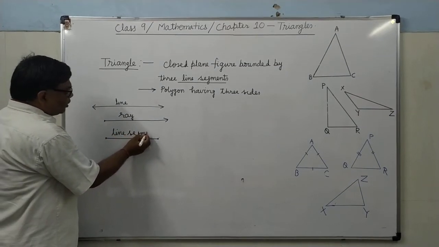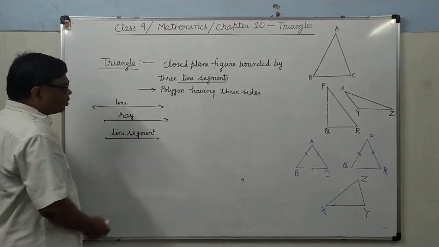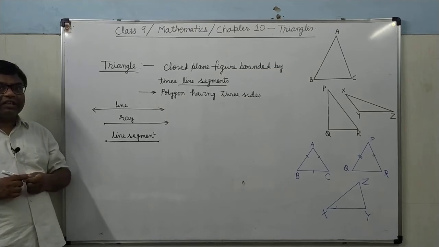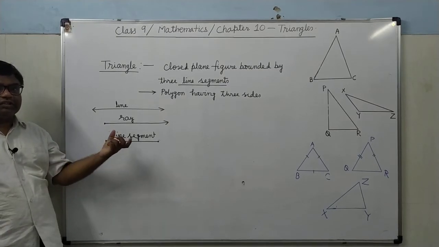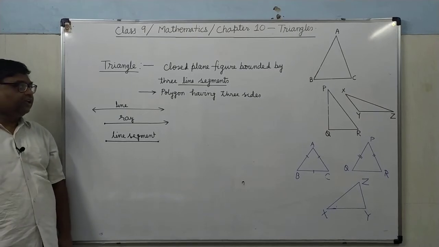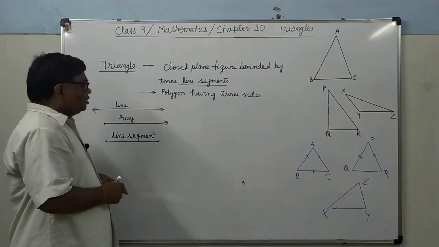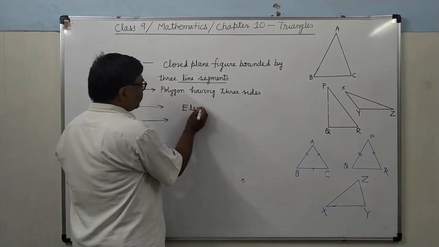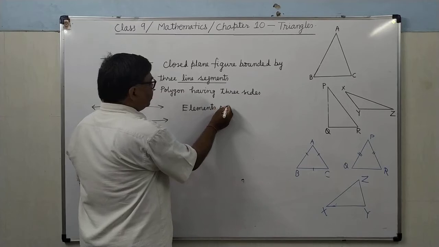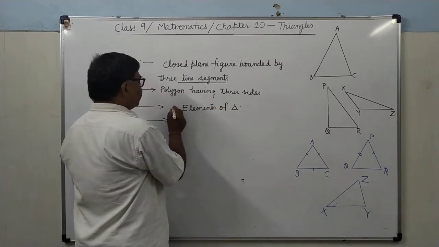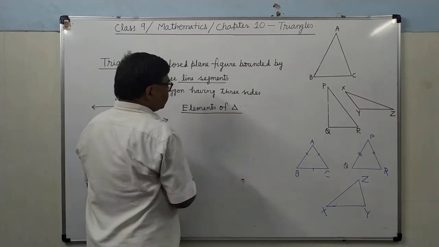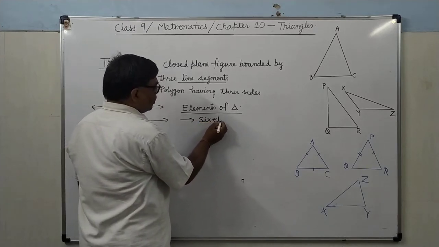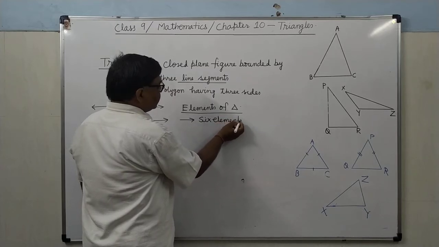So, what is a triangle? A triangle is a closed plane figure which is bounded by three line segments, that is, three sides which have definite length. If you see the elements of the triangle, there are 6 elements in total: 3 angles and 3 sides.